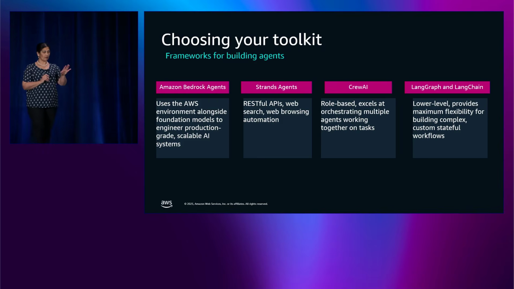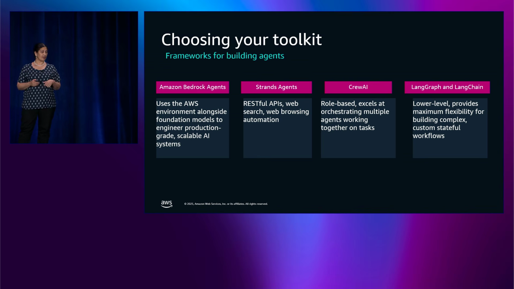So we've got a few here. It is important that you choose the toolkit which you're most comfortable with, which gives you more flexibility and maybe options, different features. So we have Amazon Bedrock Agents, which is a fully managed serverless service that Amazon offers for AI agent deployment.